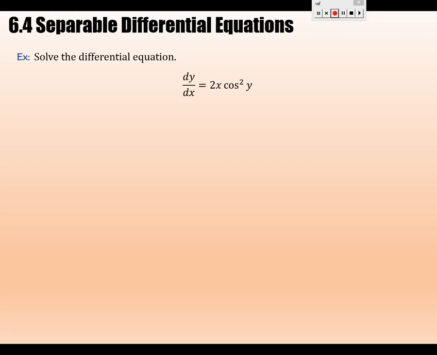So we get 1 over cosine squared y. It's actually nice, isn't it?